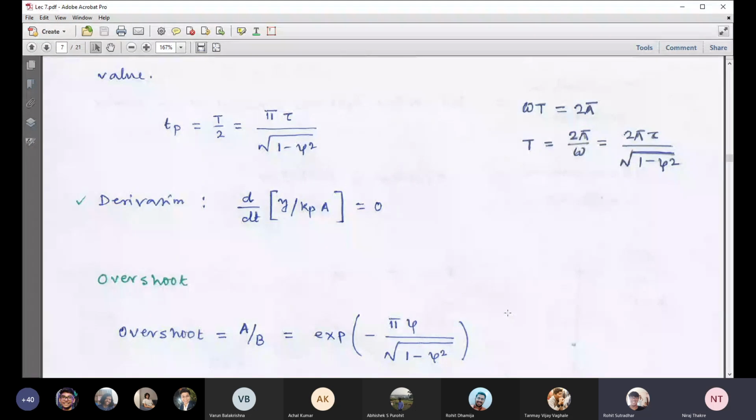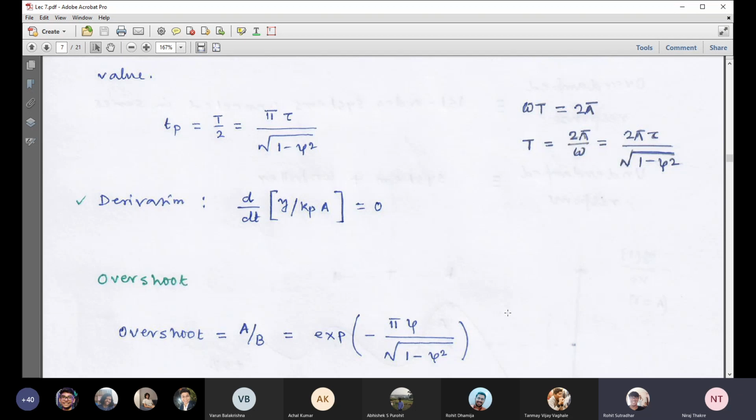Tell what expression you got, a plus b. So I got a equal to peak minus b. So a plus b is 1 plus e to the power minus zeta by omega into pi by root over 1 minus zeta square. It's a very lengthy term you got. You substitute the omega value.